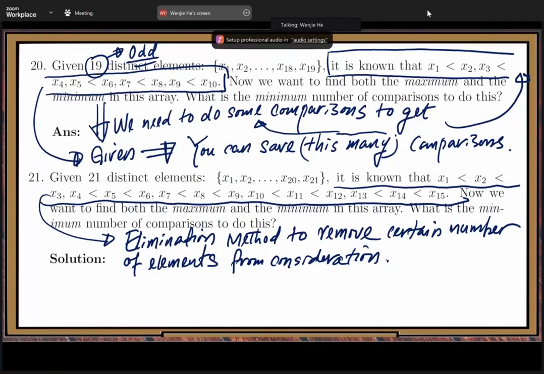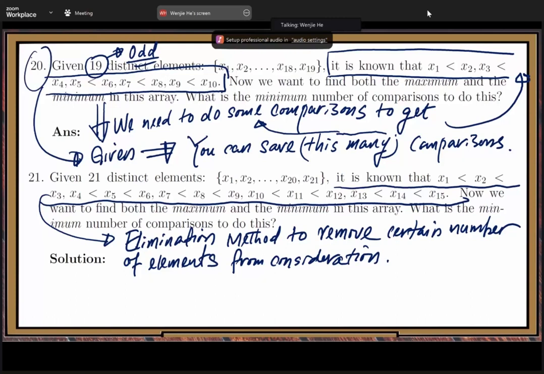So those elements can be eliminated immediately. Then after you eliminate those elements, you go back to the situation of question number 20, right?